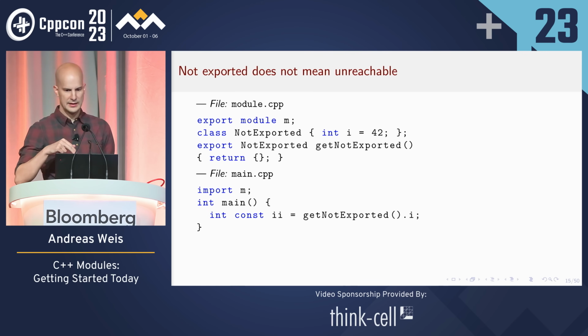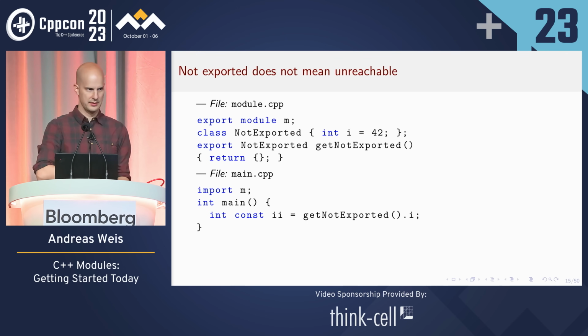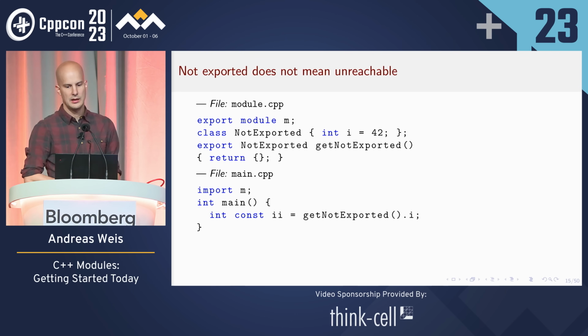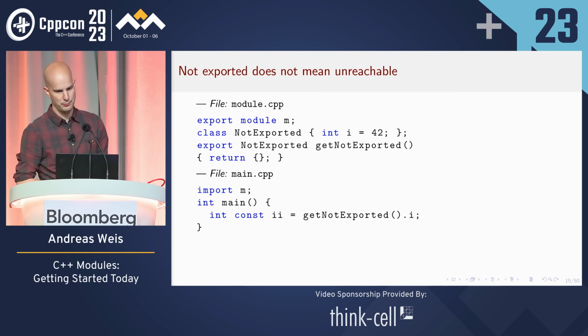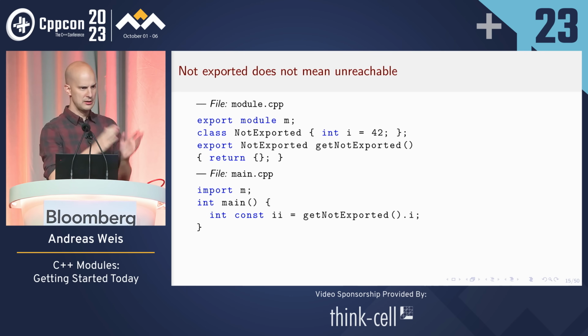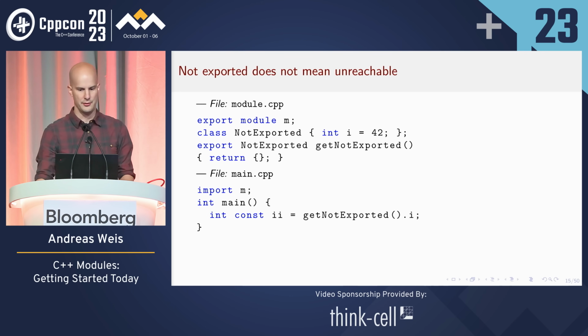And now what the client can do is call this function, and it can actually use the struct, right? It can catch the struct return value, and it can even get to the member inside. What it cannot do is refer to that struct by name, because the name has not been exported, right? So if you try to catch this return value by the name not exported, the compiler will complain that it does not know this name.